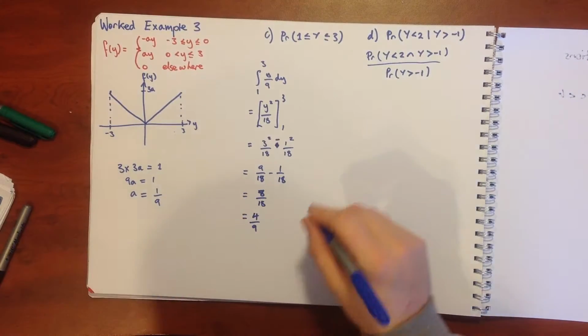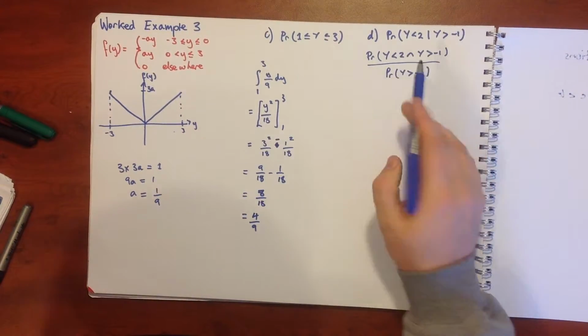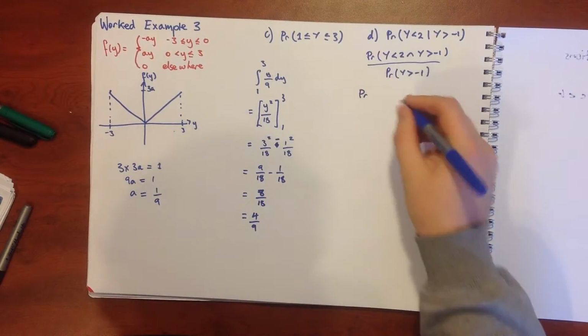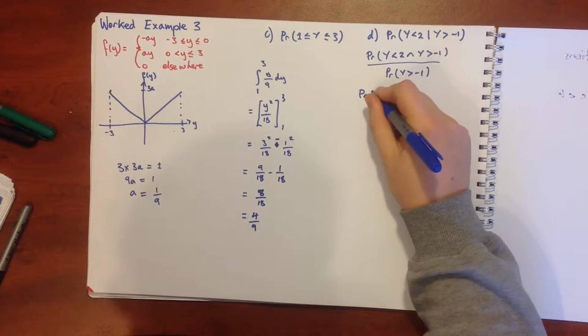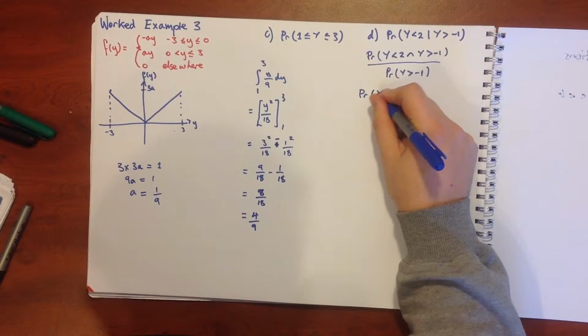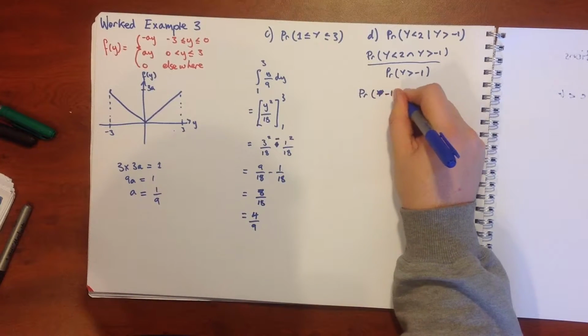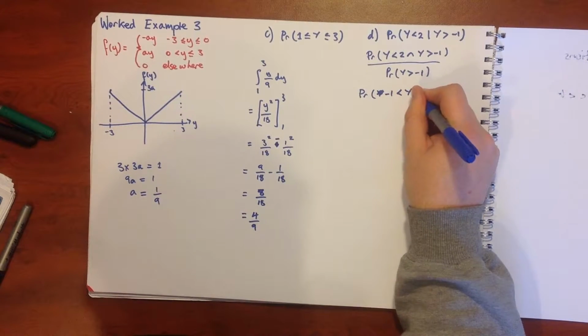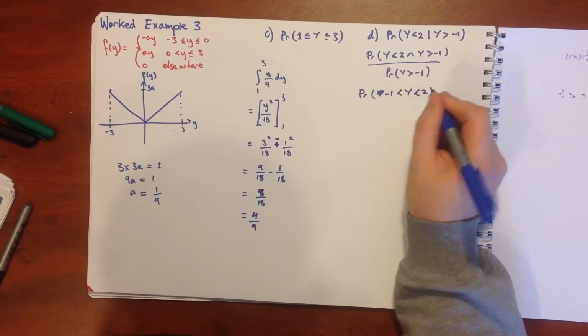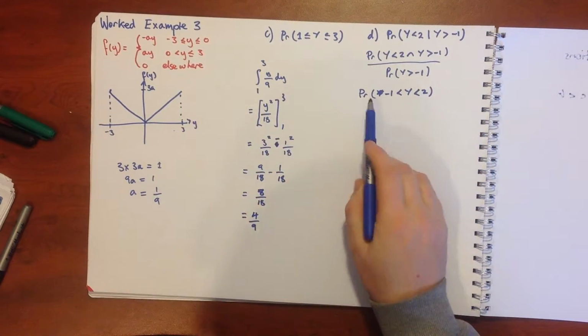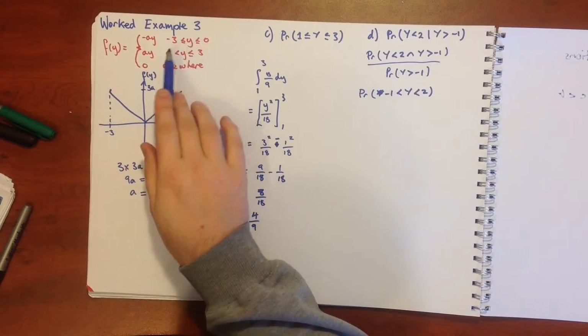So when we're finding the top line, that's where they intersect, so that means the probability that y is greater than -1 and less than 2. You can see the problem that we've got here is we're spanning our two domains.